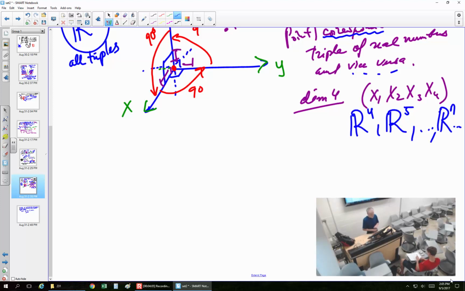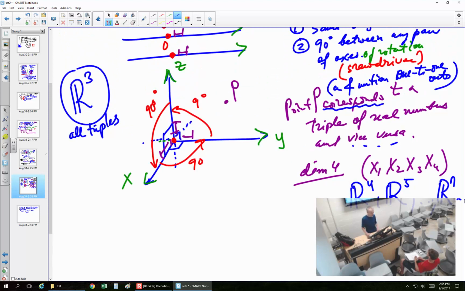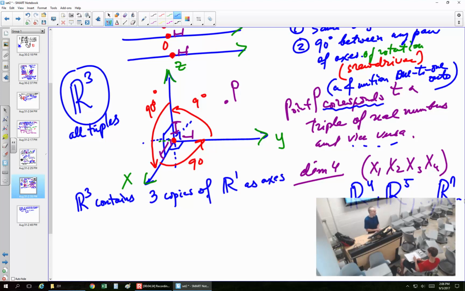So they seem unrelated, maybe, but we keep in mind that the relation is not just that they contain, say, R3 contains 3 copies of R1 as its axes. But what else does it contain?